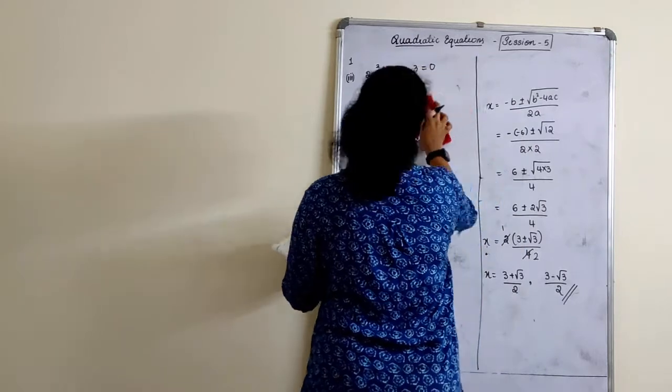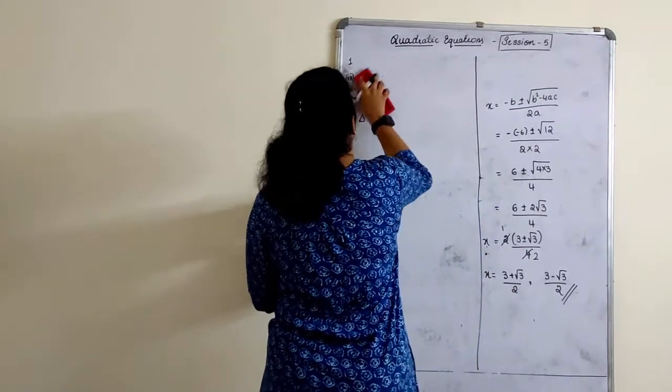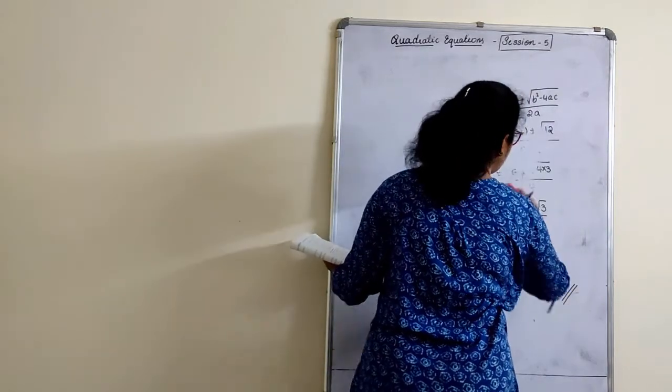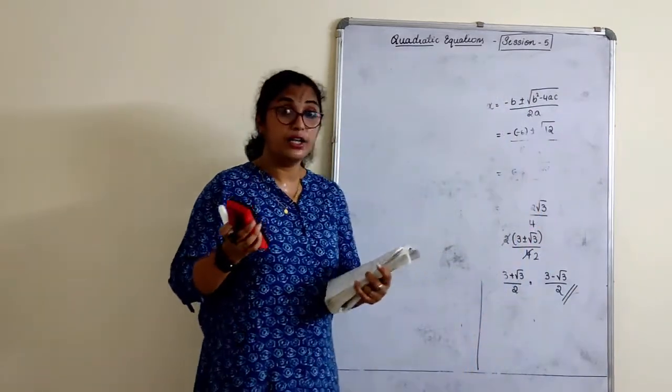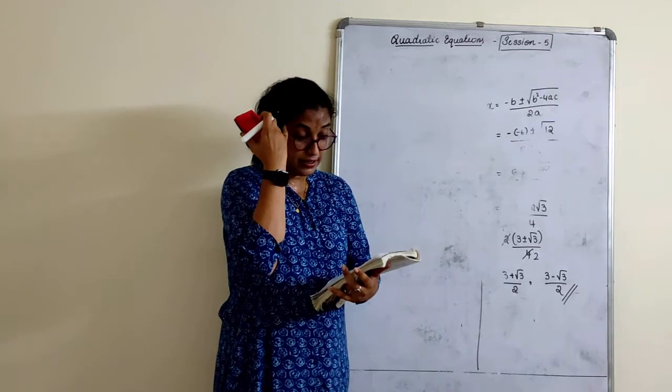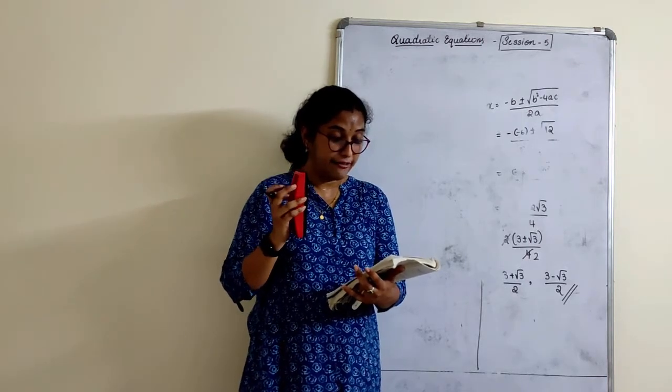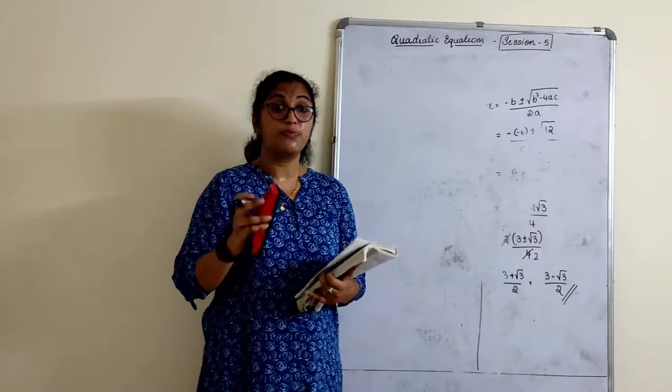Find the value of a. One hint you have to always remember here is, whenever they ask you to find the value of some unknown, like here, find the values of a for which the quadratic equation has two equal roots.